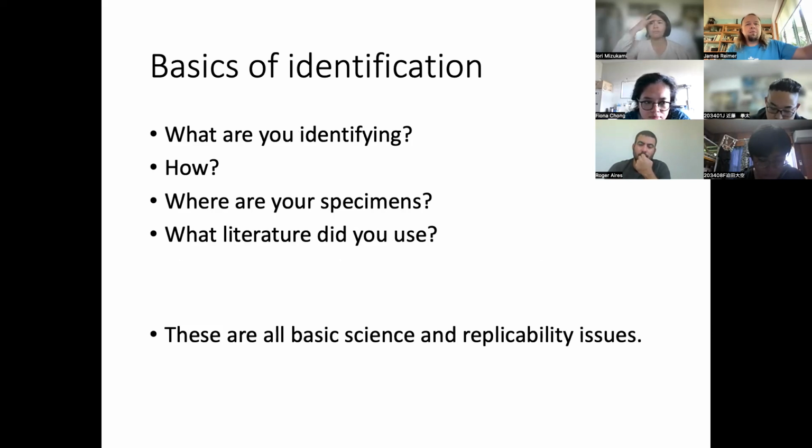So you need to think about this not only when you are doing identification, but when you are writing your thesis or a paper. This information, even if you're only doing identification, should be in your paper.